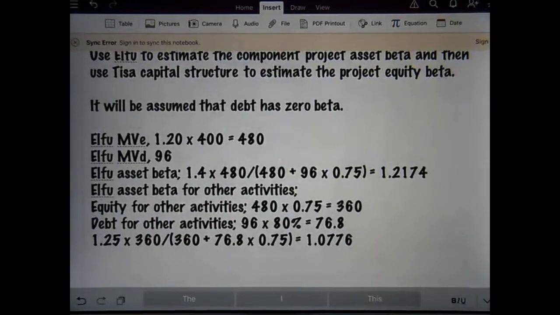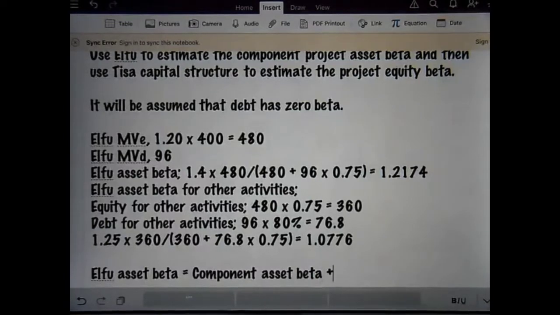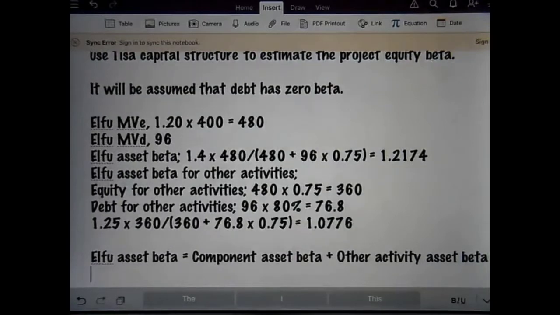This is where we're going to go. Alpha asset beta equals the component asset beta plus the other activity asset beta. Does that make sense to you? Yes, no? You know the Alpha asset beta is 1.217, correct?